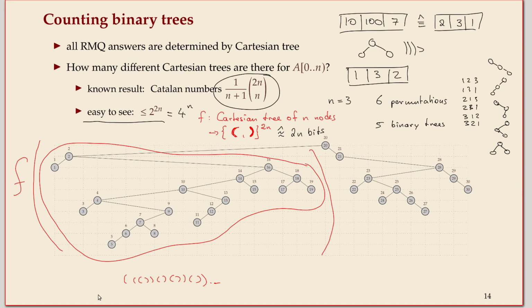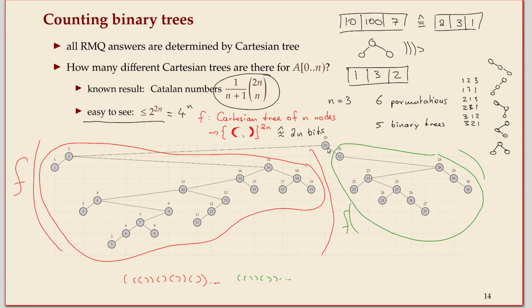And then we'll do the same thing for the right subtree. I think I want a different color for that. And we also apply this function to the right subtree. That gives us another string of parentheses.